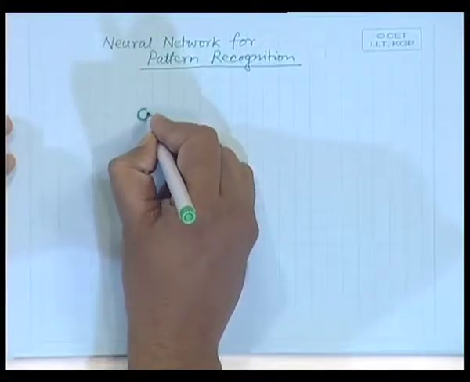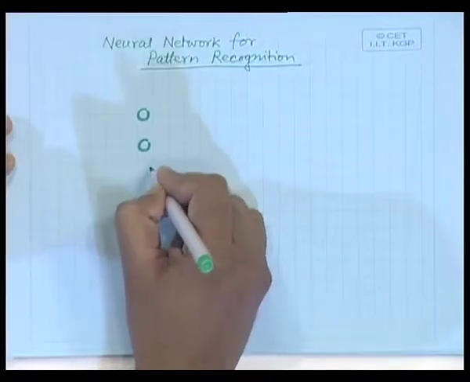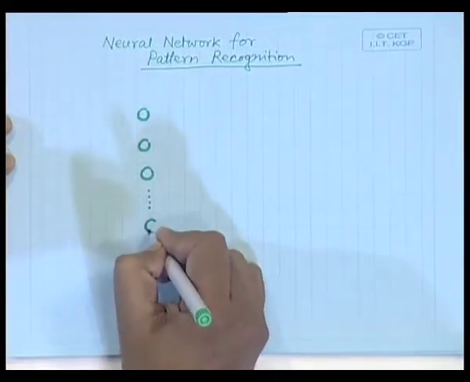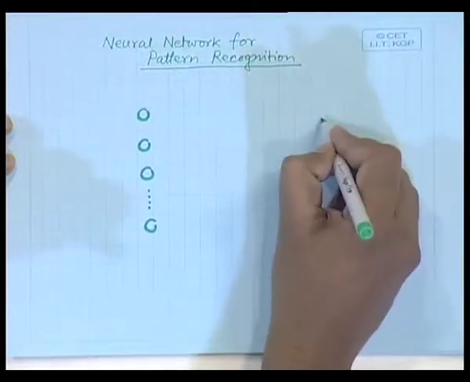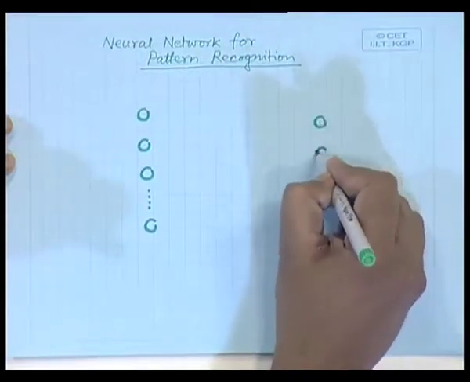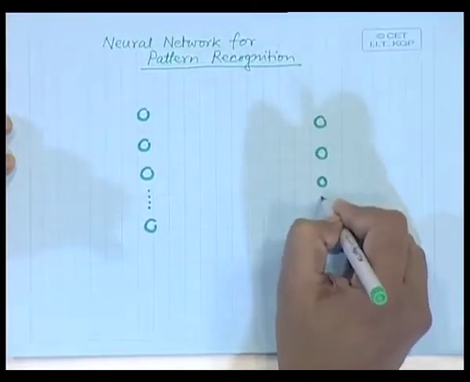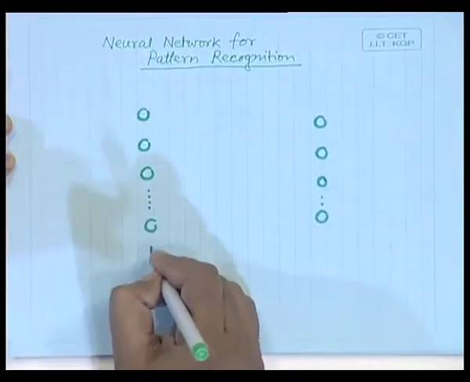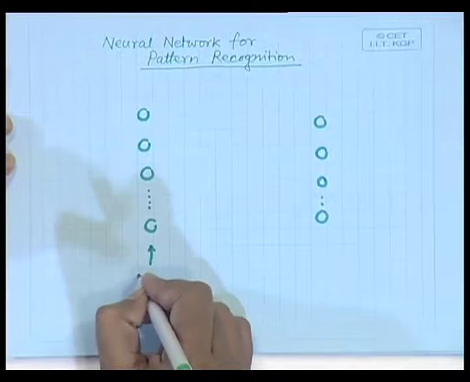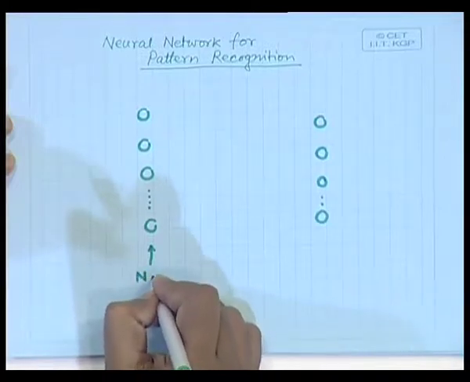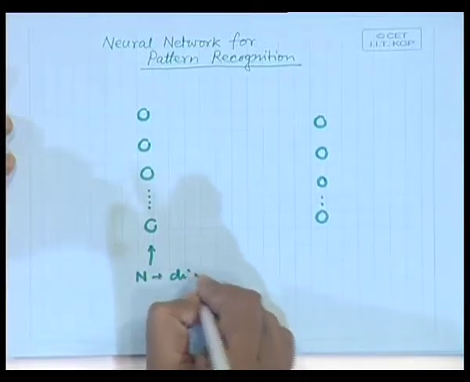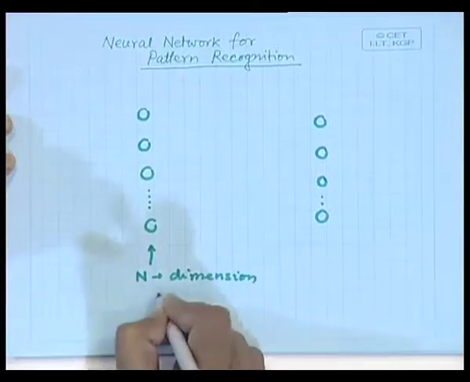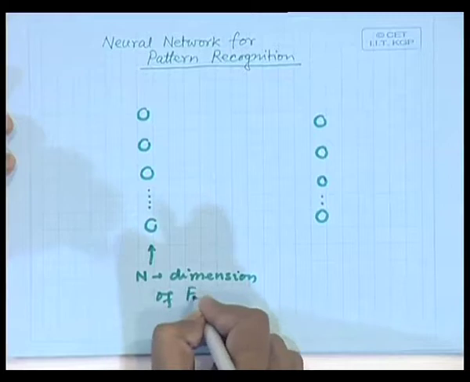So, what we were talking about is something like this. We have a multi-layer neural network with a number of input nodes, and the network has a number of output nodes, where the number of input nodes is the same as the dimensionality of the feature vector.